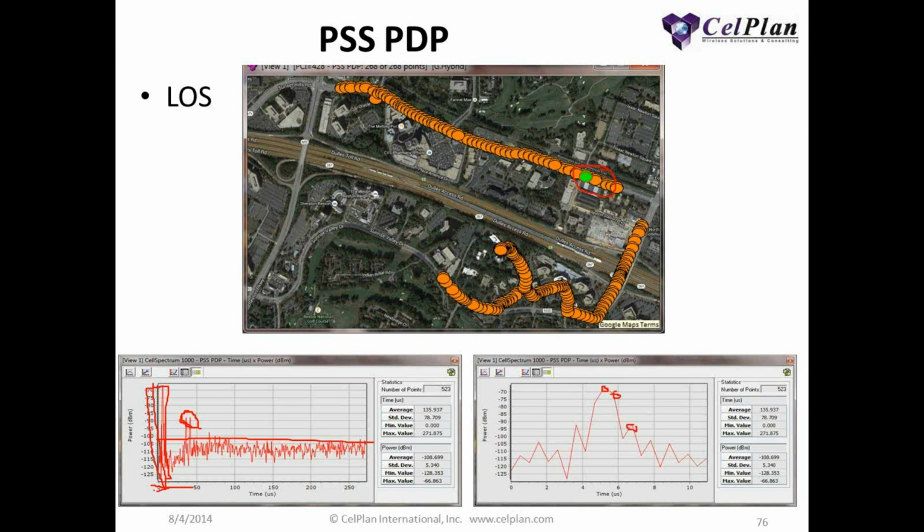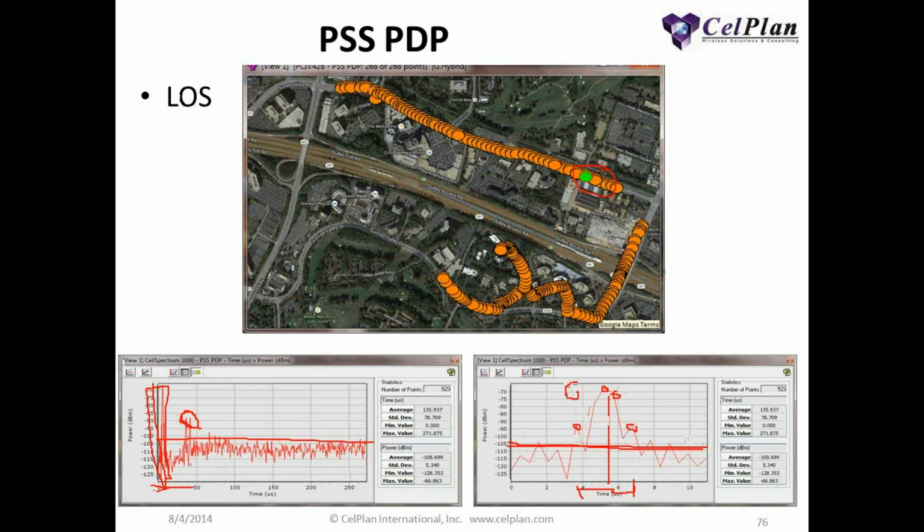So we can specify a window, and we then can calculate how many multipaths we have and what is the distance between the multipath and the signal. So this is the line of sight signal, and this is the non-line of sight signal.